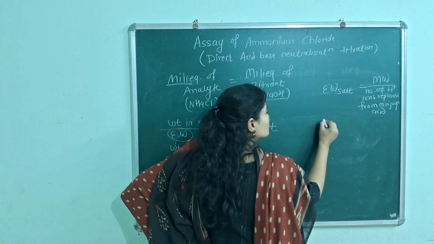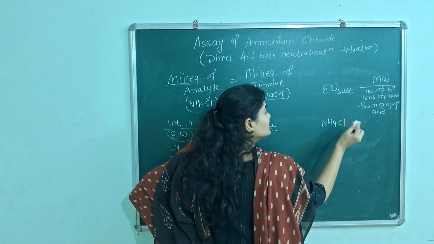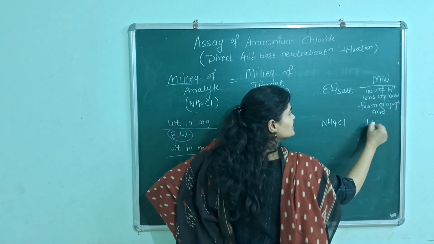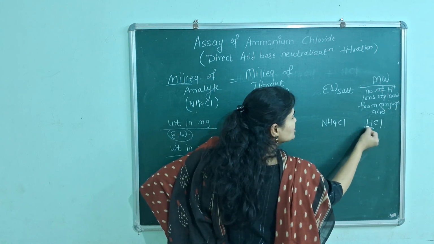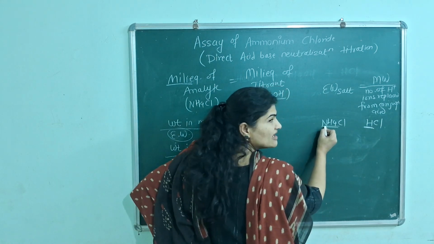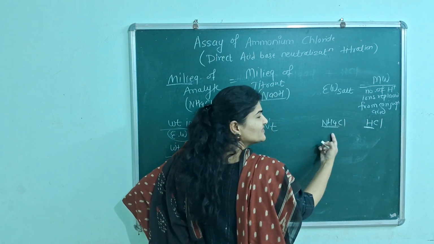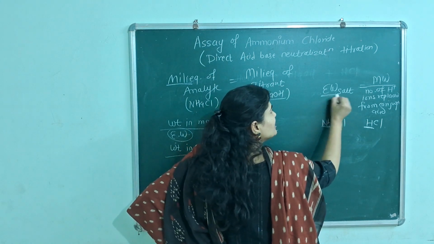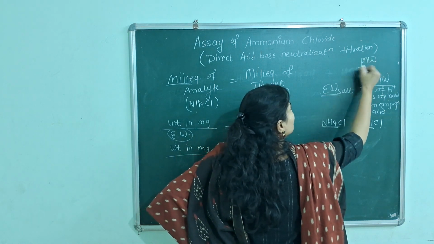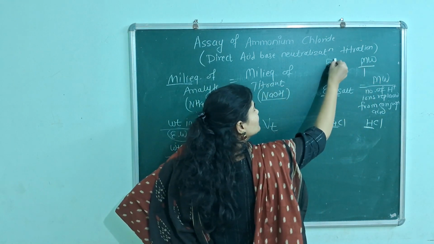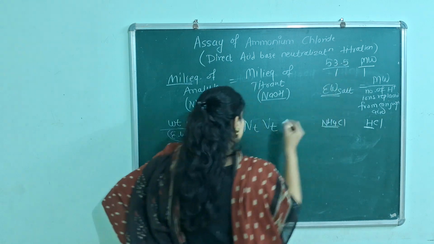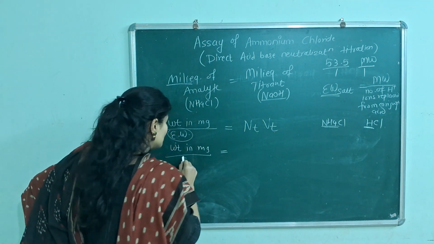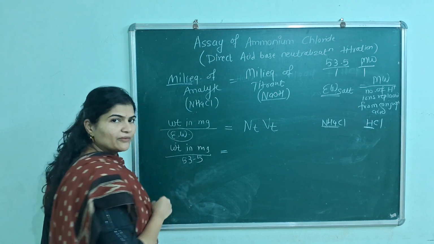So ammonium chloride is my salt and the parent acid is HCl. So as you can see, one H plus ion is replaced by ammonium ion for formation of this salt. So obviously the equivalent weight will be molecular weight upon 1. The molecular weight is 53.5 by 1. So my equivalent weight is also 53.5.